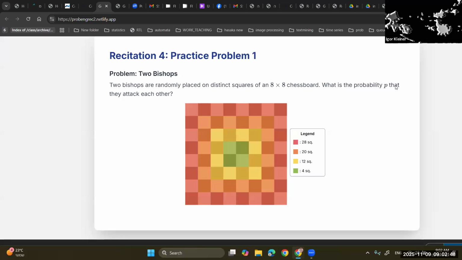What is the probability that the first bishop will stay on one of these green points? We need to find how many green points we have. 1, 2, 3, 4, 5, 6, 4, 4. 20 from 64.